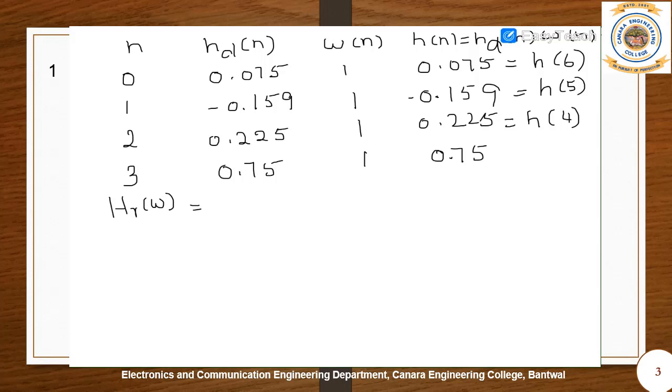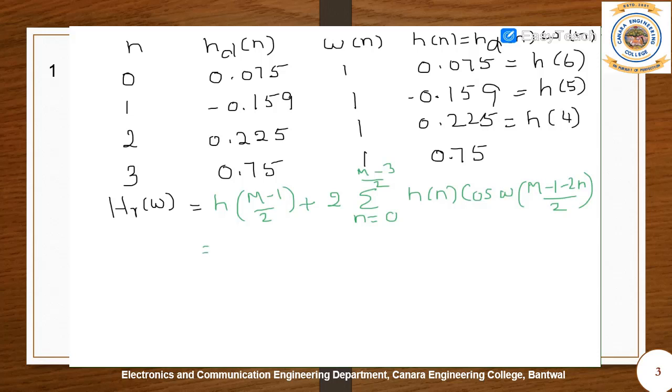It is given as H of (M minus 1) by 2 plus 2 times the summation, n varying from 0 to (M minus 3) by 2. Since M equal to 7 is odd, H of n cos of omega (M minus 1 minus 2n) by 2.